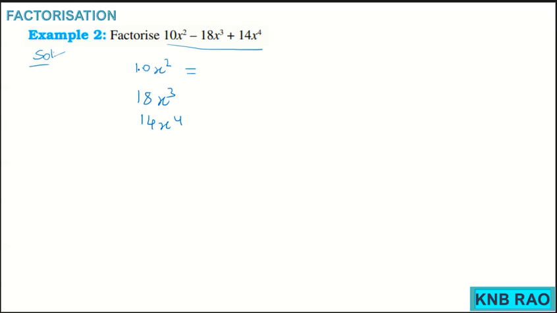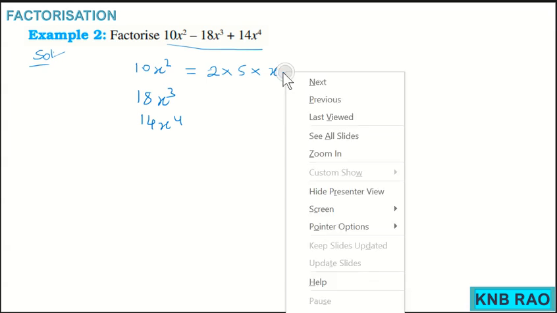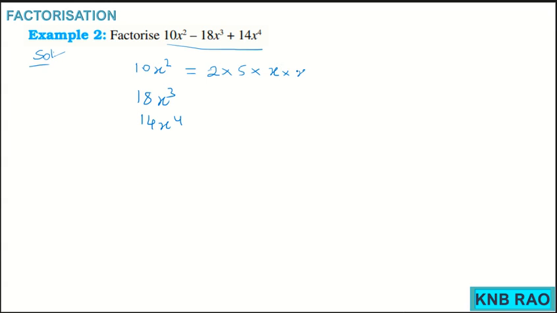Which means I can write 10 further as 2 into 5 and x square as x into x, whereas 18 can be written as 2 into 3 into 3 into x multiplied by itself 3 times, as you have already seen as a cube of a number.